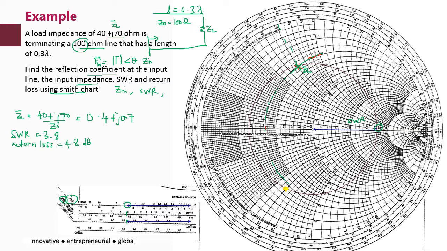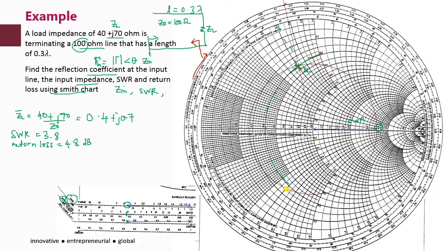And then, what else? The reflection coefficient at the input. The question asks about the input point, not the load point. So now you can find the Z in. As usual, draw the lines so you can see the current position. To determine the Z in, you need to look towards the generator, looking this way on the outer scale.